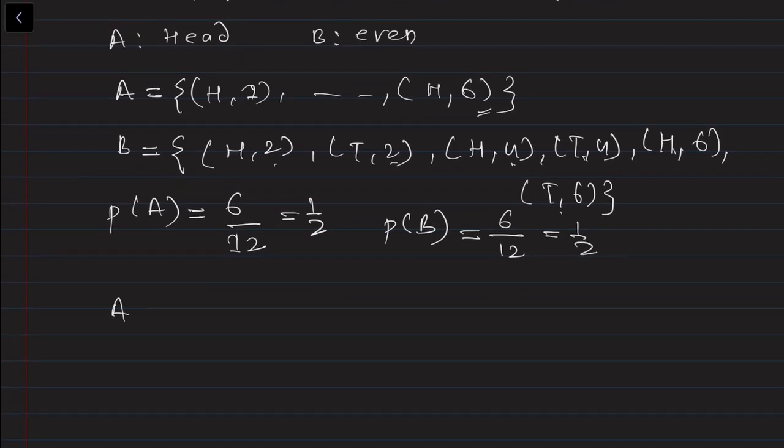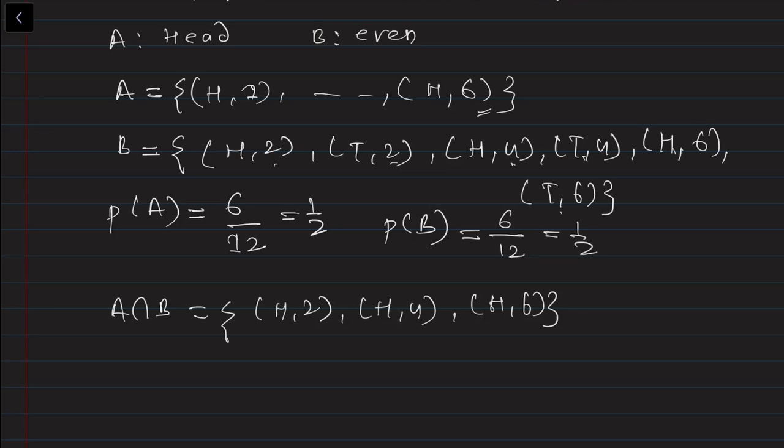Now what is A intersection B? A intersection B is the common in both A and B. So what are the common? H comma 2, H comma 4, and H comma 6, right? What is the probability of A intersection B? There are 3 favorable outcomes in intersection and sample space is 12. So this is 1 over 4.